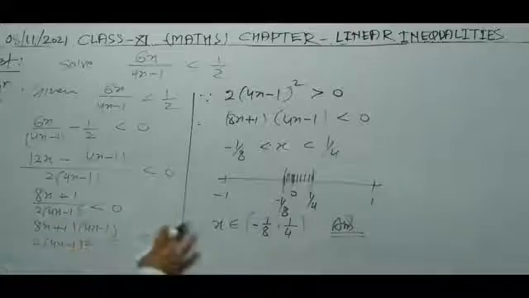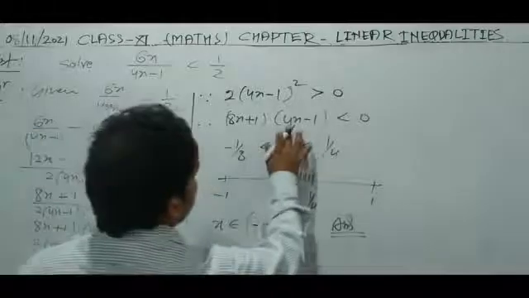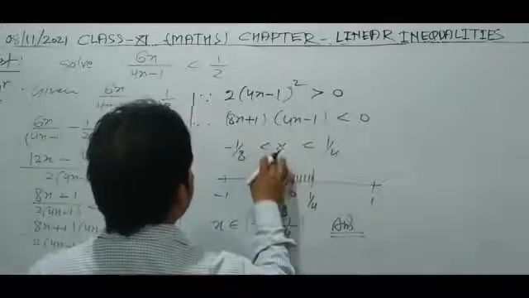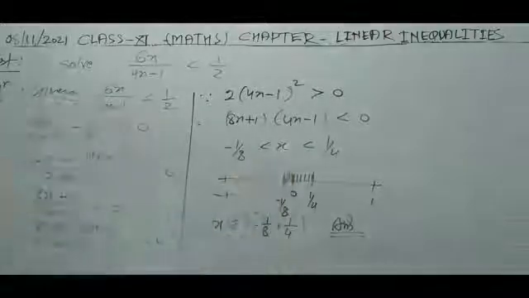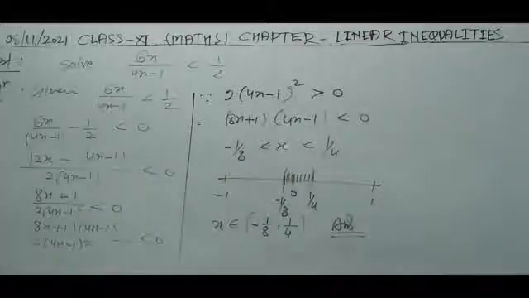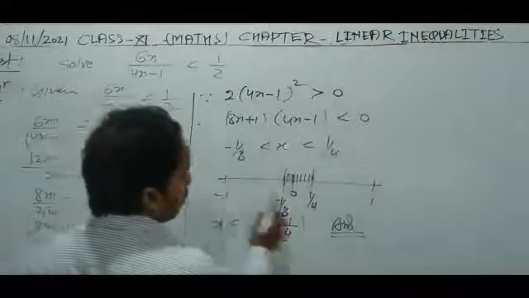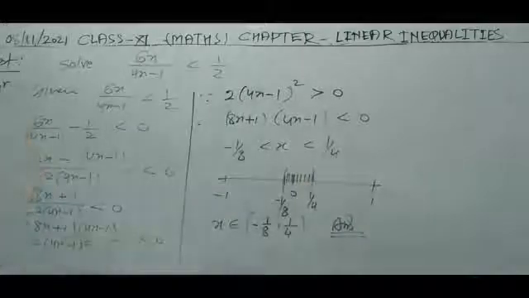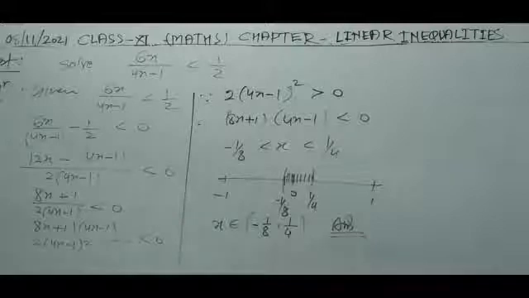For x minus a, x minus b negative, x is greater than minus 1 by 8 and less than 1 by 4. When you draw a number line, the value lies between minus 1 by 8 and 1 by 4. So x belongs to minus 1 by 8 to 1 by 4. Now this topic is completed.